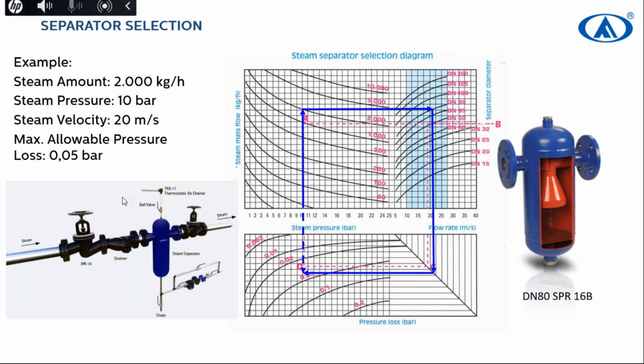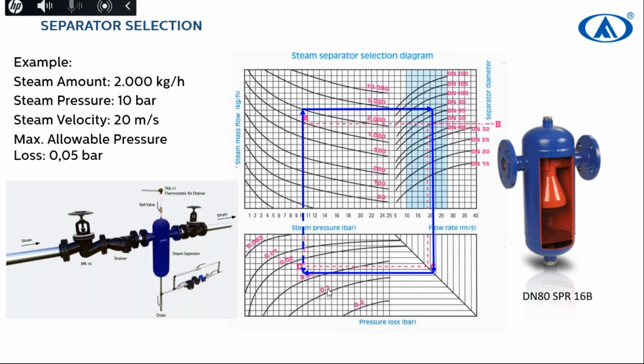Just wait. If it's out of the allowable pressure loss, it means if it's above this 0.05 line, it's okay. It means you have less pressure loss, so your system works properly. But if it's more than 0.05, you need to count this pressure loss in your back pressure.